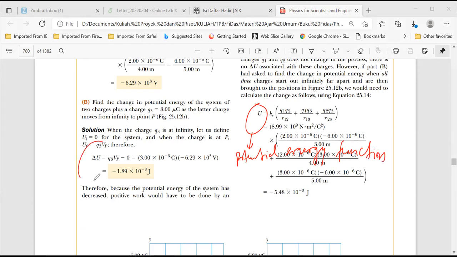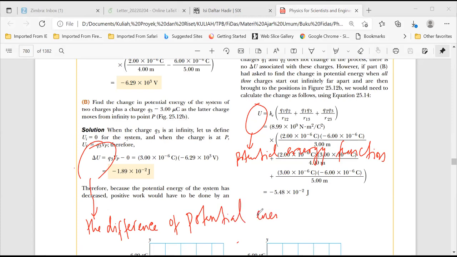But here is the difference: the difference of potential energy.